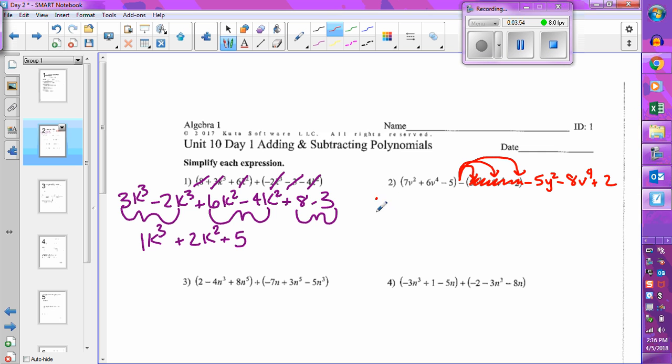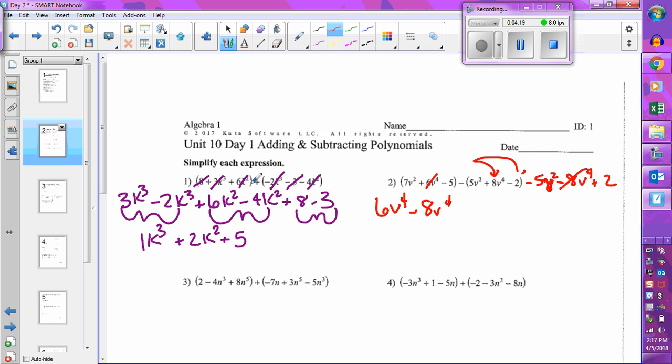So I'm going to start off with my 6v to the fourth degree minus my 8v to the fourth degree. So I use that and I use that, right? Now I have my, okay, this right here should be a v, not a y.